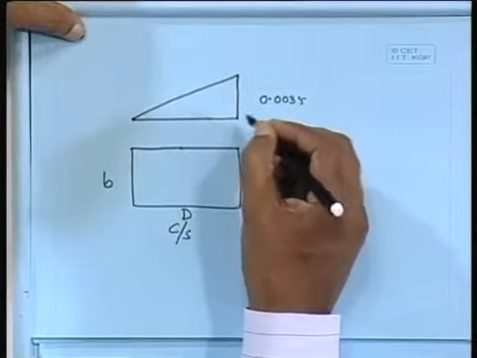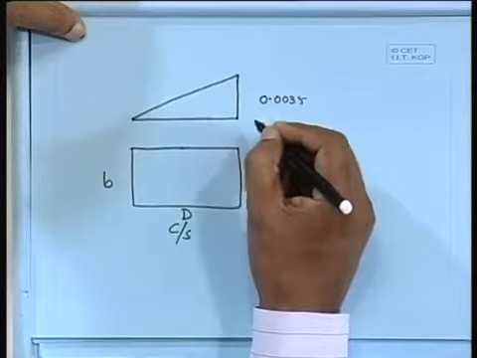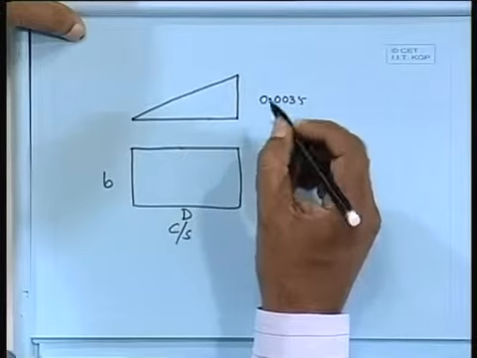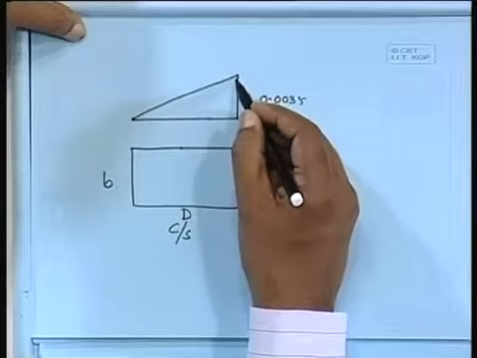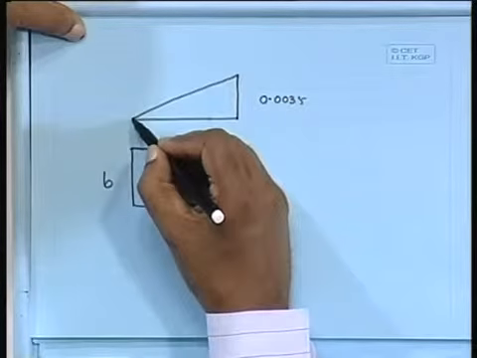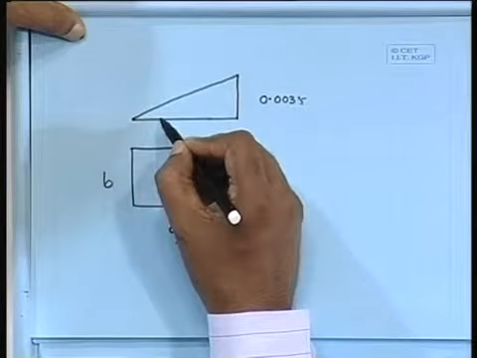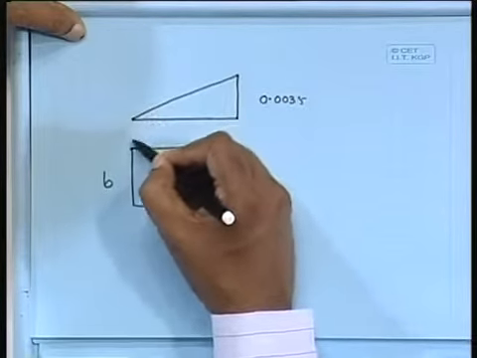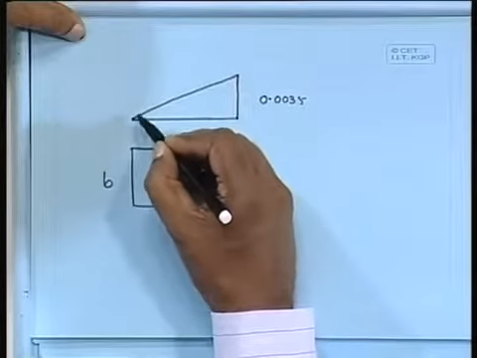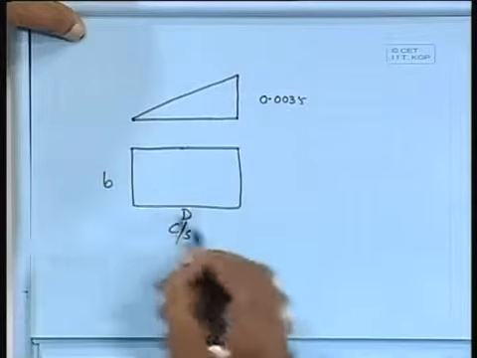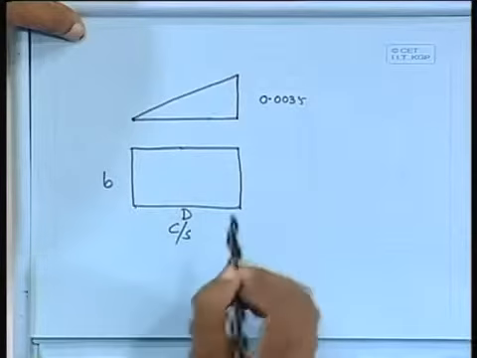In any case we cannot go beyond that because concrete cannot take more than 0.0035. And also there is no tension on this side, because if we go beyond, then tension may occur. So, I can have this limiting value, from this end to this end.